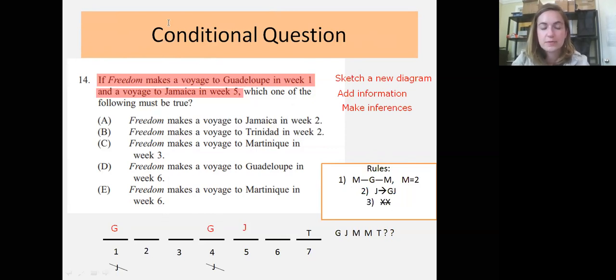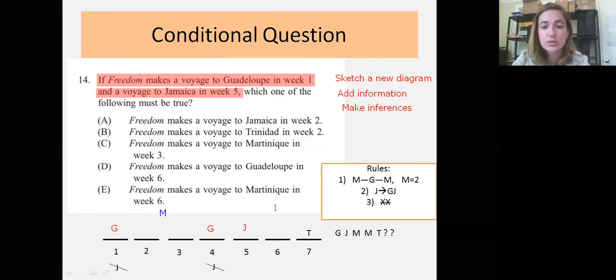I know that my first M could go over here in space 2 or space 3. I've got a G. I can't have consecutive letters, so I can't squeeze another G in space 2 or space 3. So basically what I'm going to end up with is one of my M's somewhere over here.